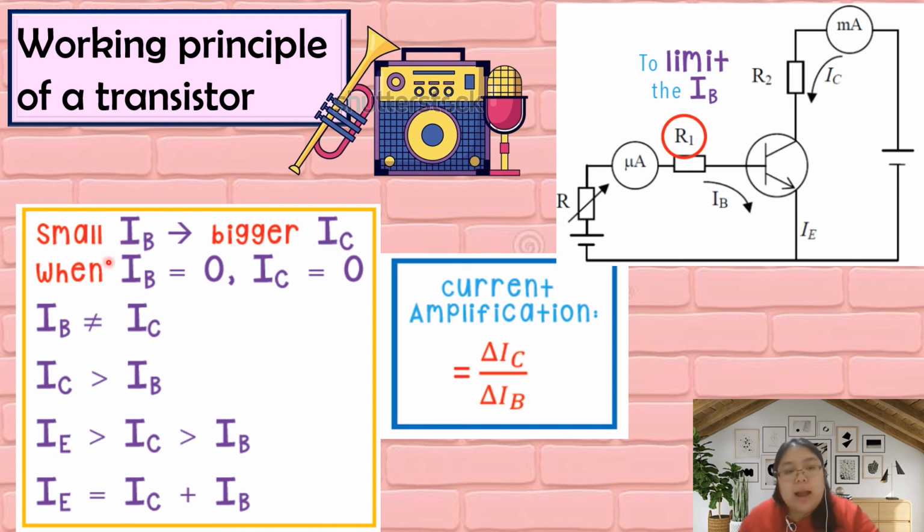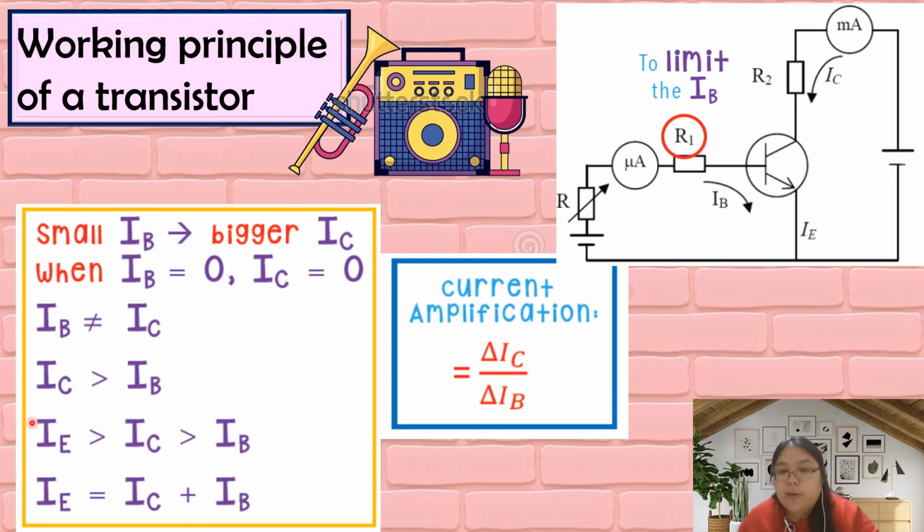When IB becomes 0, the IC must become 0, because it depends on the base current. IB and IC are not the same, because IB is smaller and IC is bigger. IC is bigger than IB. IE is the biggest.